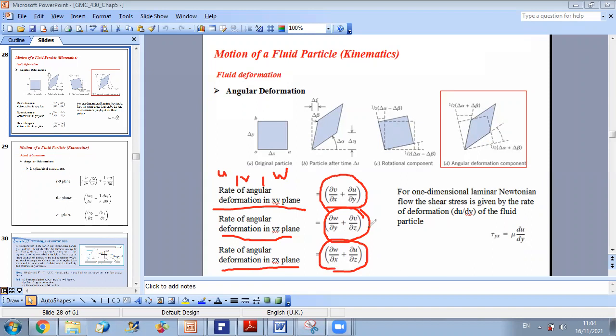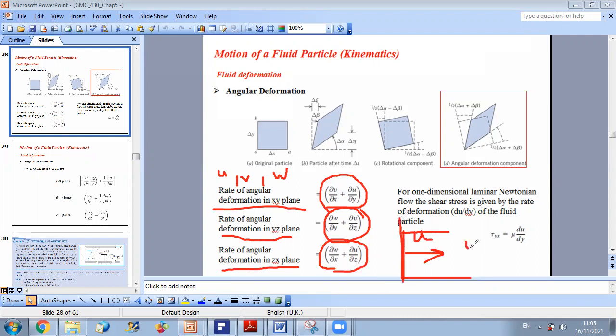Now, in particular, if we have one-dimensional laminar Newtonian flow, we know that the shear stress can be related to the deformation. If you have one-dimensional flow, this means that you have flow in one direction, for example, in x. If we consider, for example, the flow between flat plates, we can say that in this case u is only a function of y.